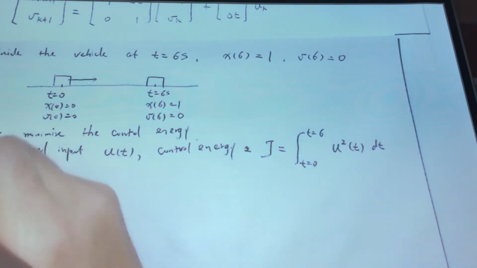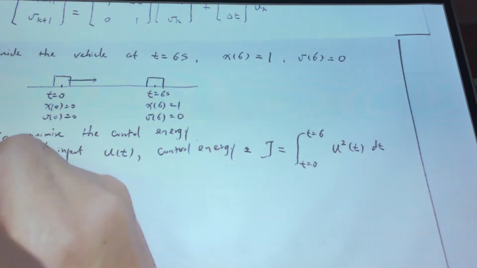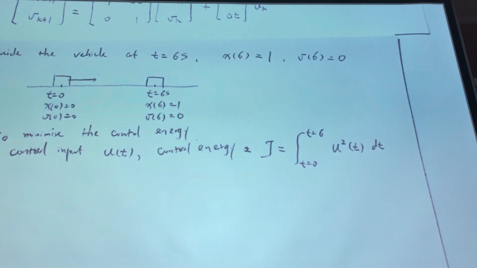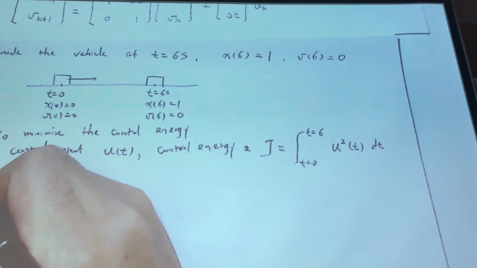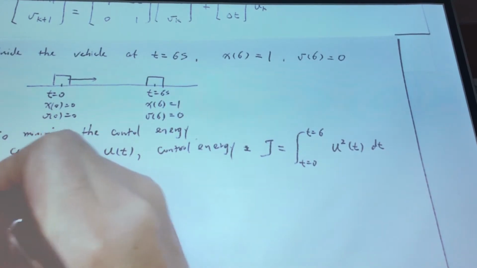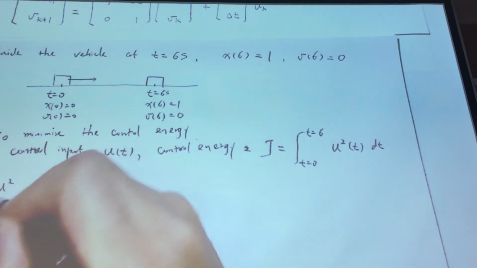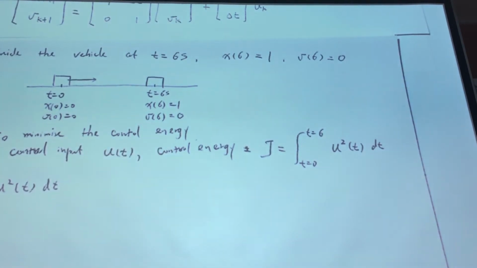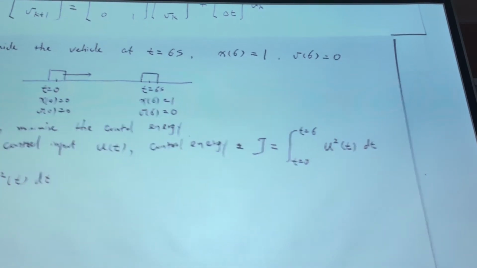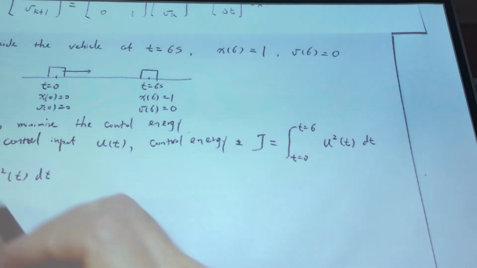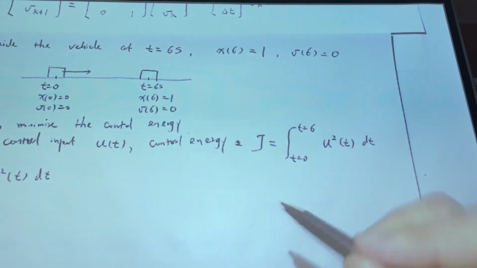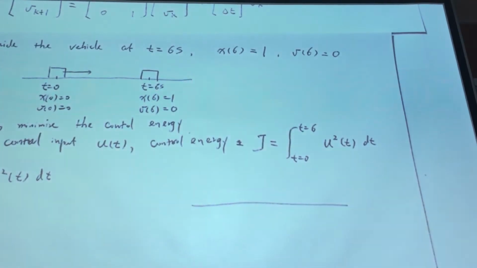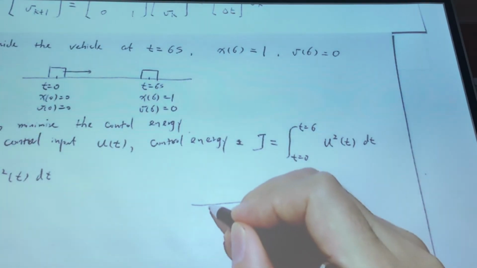So the cost function is given by the integral from t equal to 0 to t equal to 6 of u(t) square dt. We can discretize this function. Graphically, it can be represented like this.